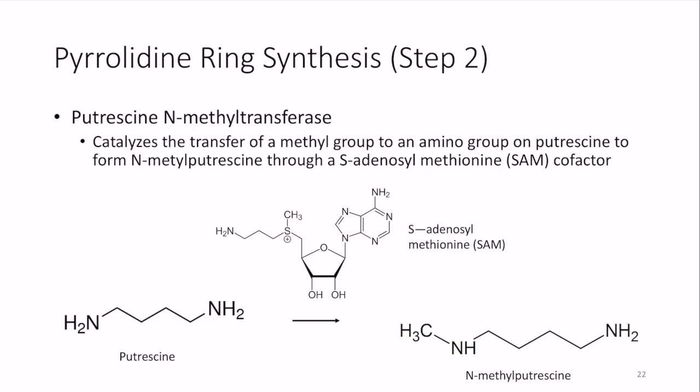The methyl group on the SAM cofactor is removed, and this nitrogen does a simple addition there to add the methyl group and make N-methylputrescine.